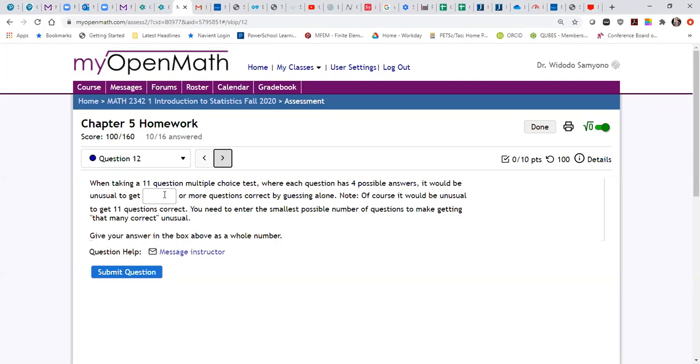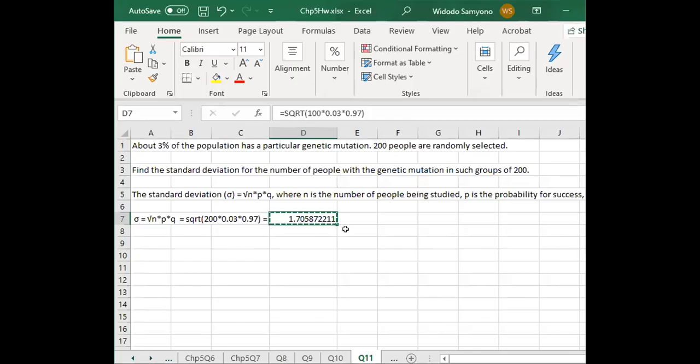So this is the way to calculate it. Okay. Let me show you in Excel. Four possible answers, 11 questions.